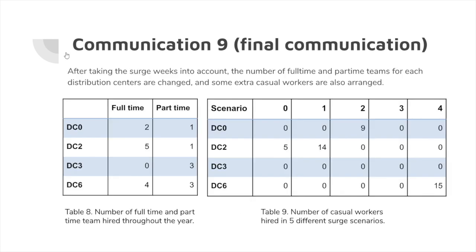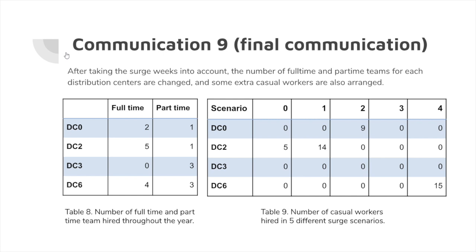After taking the surge weeks into account, the number of full-time and part-time teams for each distribution center has changed compared to what we proposed after Communication 8. The new arrangement of full-time and part-time teams is shown here in Table 8. And some extra casual workers are arranged only for scenarios 0 to 4.